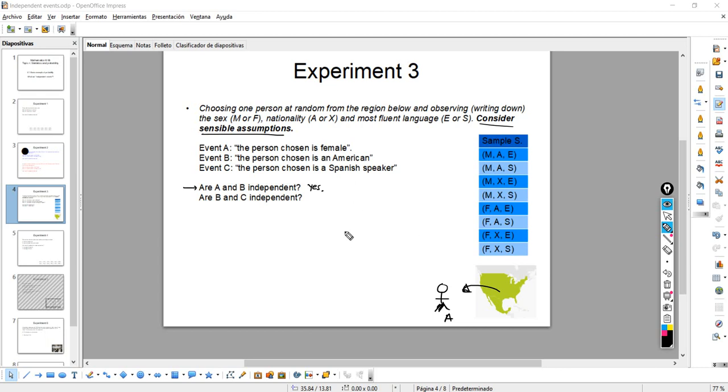It's going to pretty much decrease the probability of event C. Why? Because in the United States, there are fewer people that speak Spanish than people that speak English. You see? So, are B and C independent? No. They are dependent, because if B happens, that's going to affect the probability of event C.